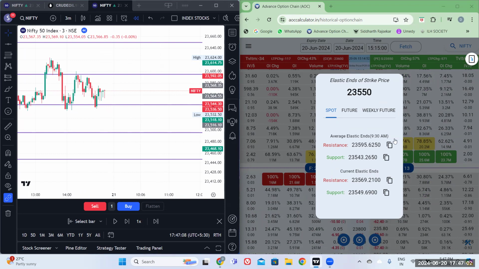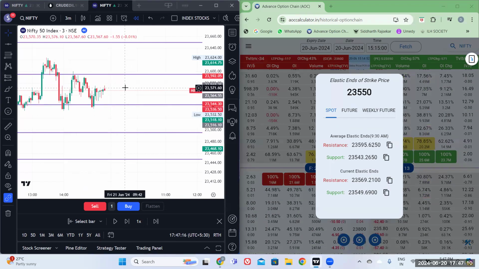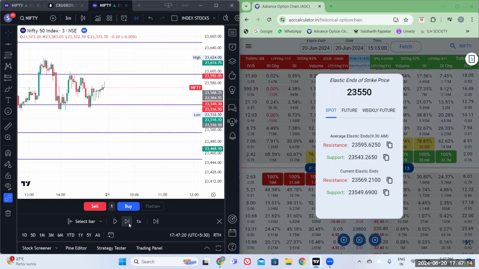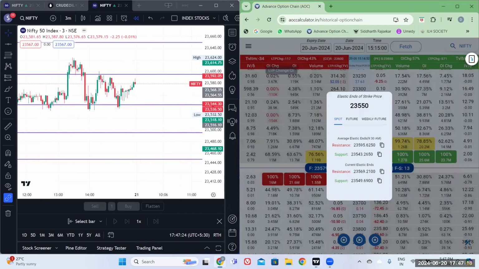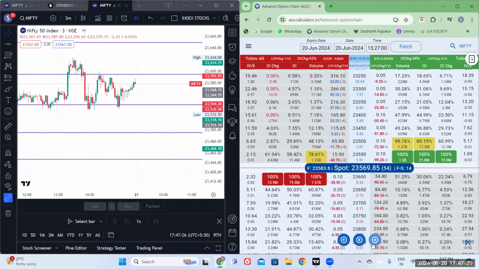Can you see here? At 315, a profit can be booked here because it is the elastic range. So it's going to reverse from there. Okay, the profit can be booked and the day is over. Okay, done. The day is over, and here also we will run through and see at 3:30.